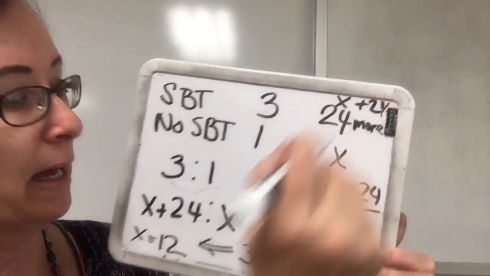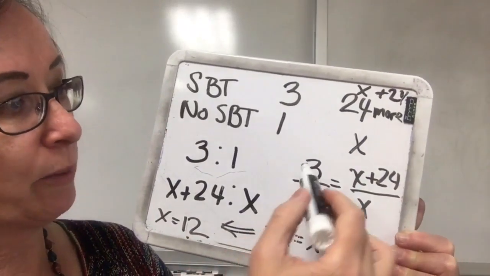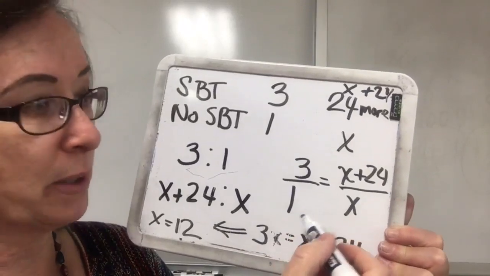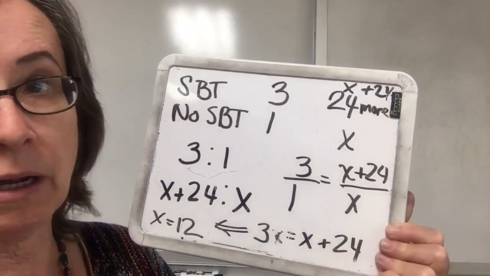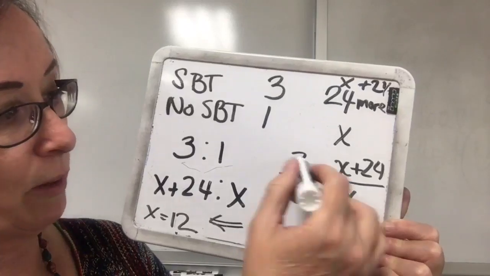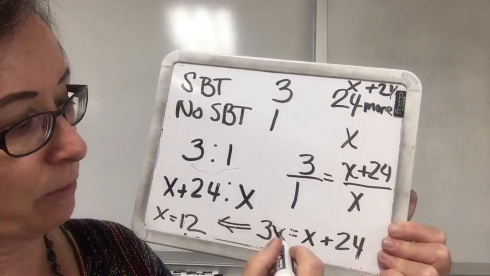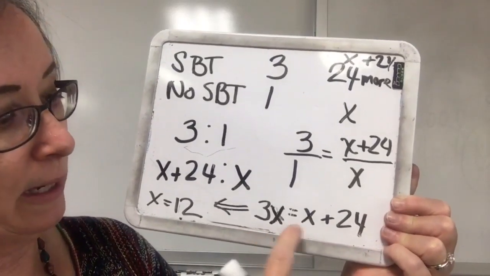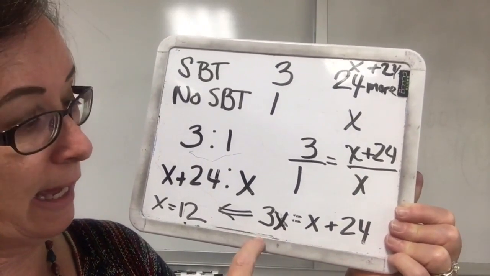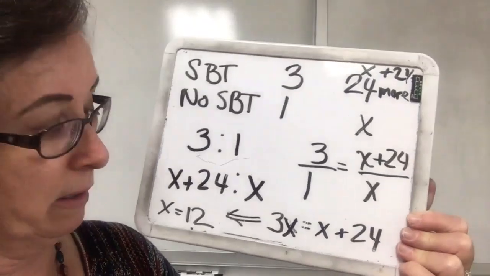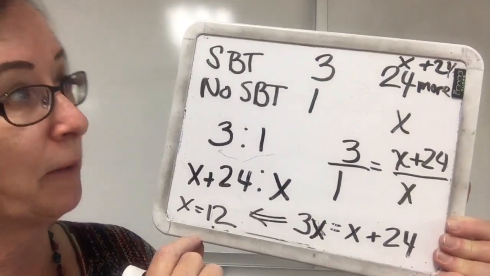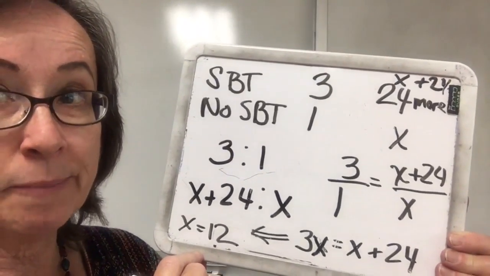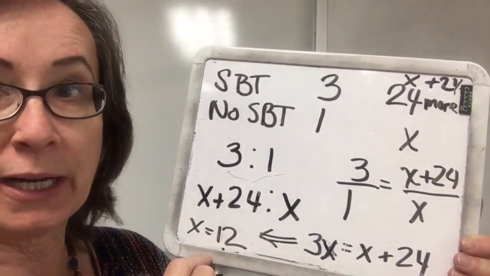Then I can set up our proportion. The ratio is 3-to-1, and the ratio in numbers is x plus 24 over x. So I cross multiply, and I get 3x is x plus 24. When I subtract an x from both sides, I get 2x is 24, which means that x must be 12. But the question was how many men took the spring break trip.